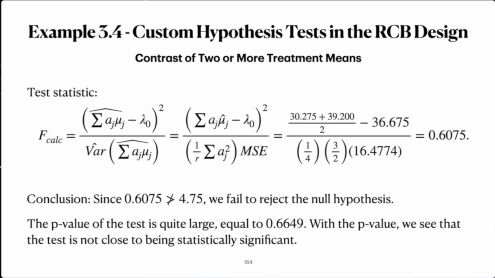The test statistic is, again, an F statistic. F calc turns out to be equal to 0.6075, calculated in this way.